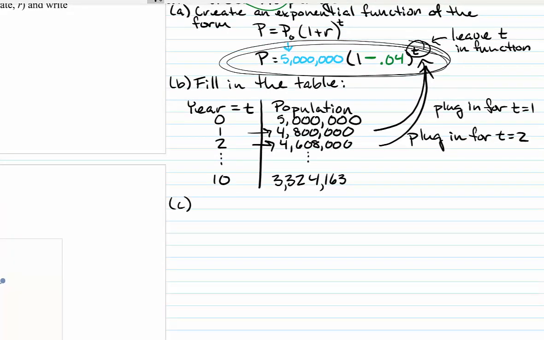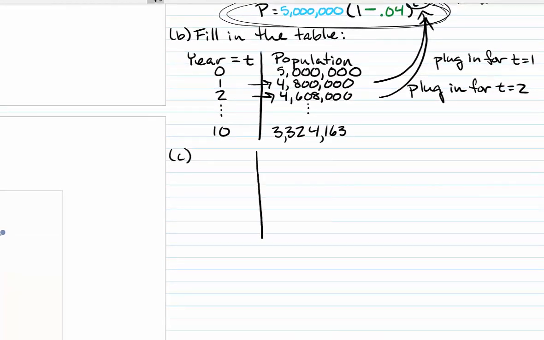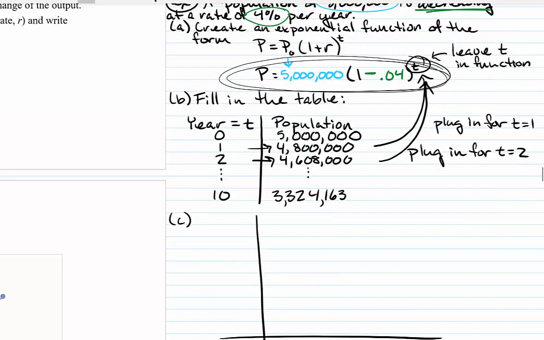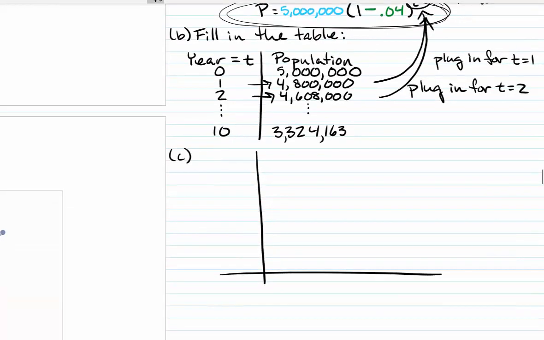And if you wanted to graph that, I'll show you what that looks like. Well, we started with 5 million, right? And the numbers went down from there. So since your population is decreasing from 5 million, 5 million is going to be the highest point on the graph because it's going down from there. And we went all the way out to 10 years.